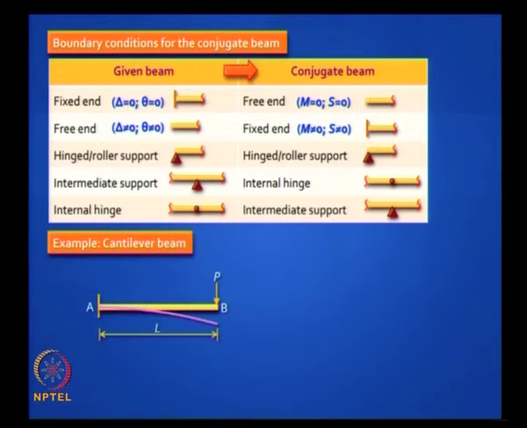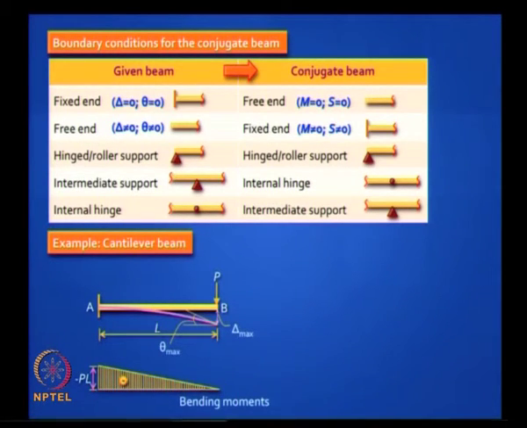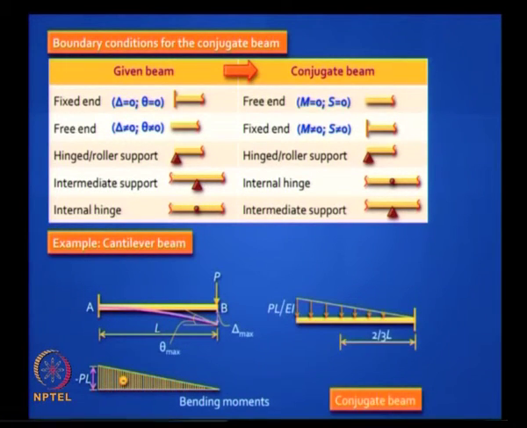Very simple demonstration. Take a cantilever beam, you want to find the deflection and the slope at the free end. So you want to find delta max and theta max. First draw the bending moment diagram, then draw the conjugate beam: the free end becomes fixed and the fixed end becomes free.